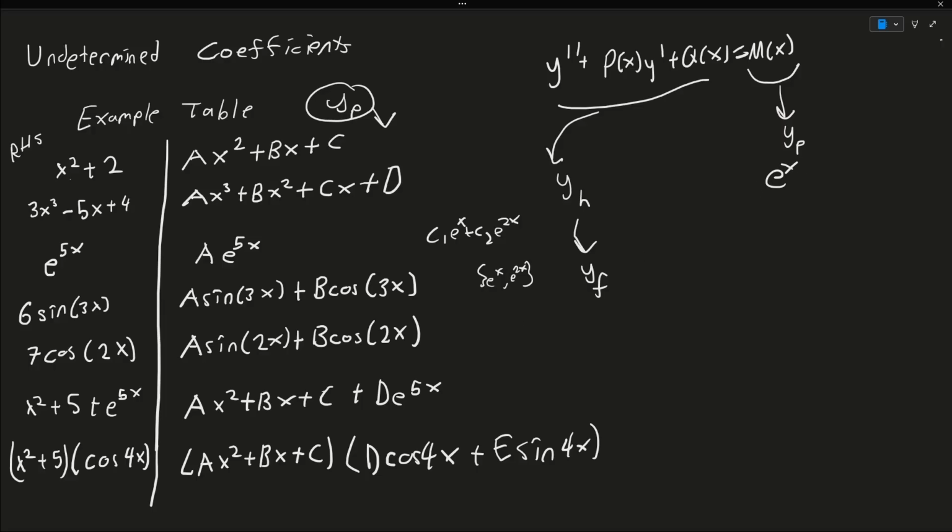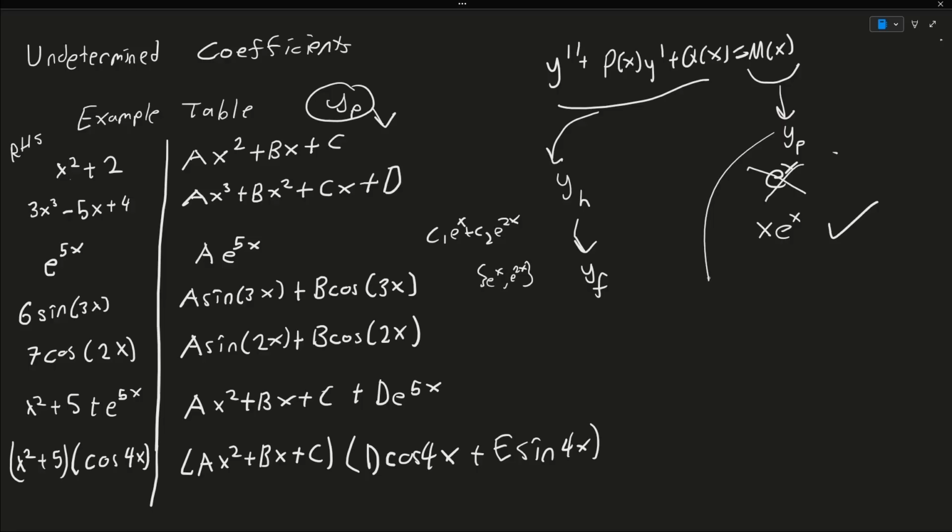Well, you're gonna check, does it contradict, does it create resonance? Well, in yf, the fundamental set of solutions, you do have an e to the x, and you have an e to the x here, so that's the same thing. So you don't want that. So you're gonna go ahead and multiply with x, or whatever you're dealing with. If this is a t, you're gonna multiply with t. And then you're gonna check again. Do you have that? No, we don't have x e to the x. So this is a good solution.